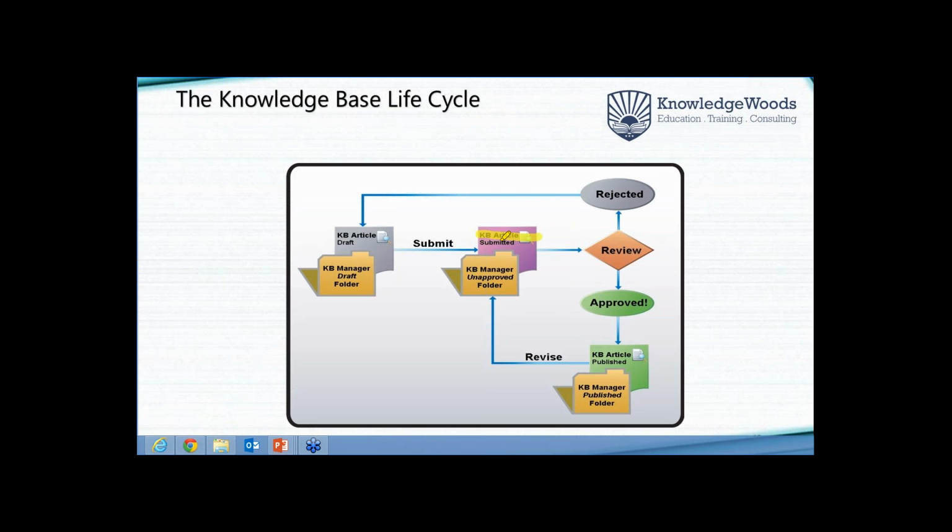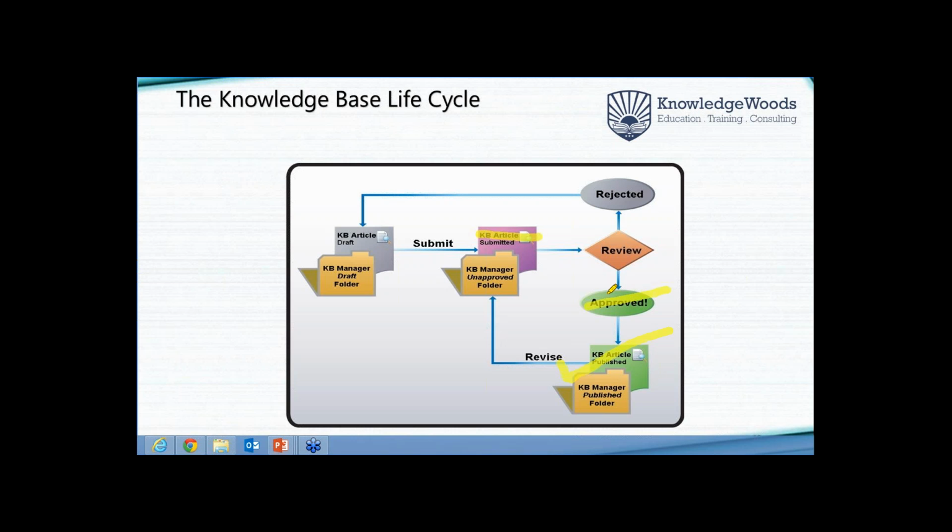Once approved, the article gets published, and only then will he be able to use that article to resolve cases. Only the published article will be available in searches. Suppose I find I need to revise that article, I can unpublish it. Again, it will be in the submitted stage. Someone with the appropriate rights can modify it and again submit it for approval.